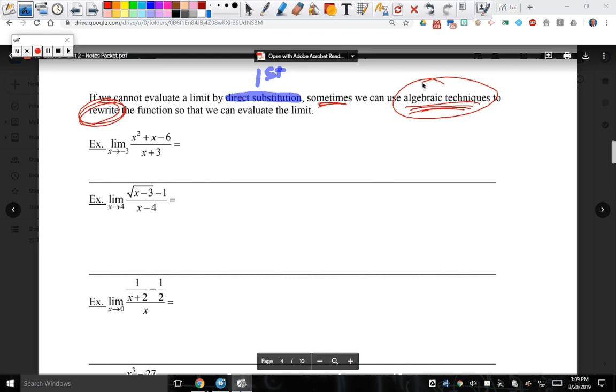Go with me? For instance, let's look at this one. If we directly substituted -3 everywhere where we saw an x, what would I have in the numerator? 0. What would I have in the denominator? 0. I have a 0 over 0 form.